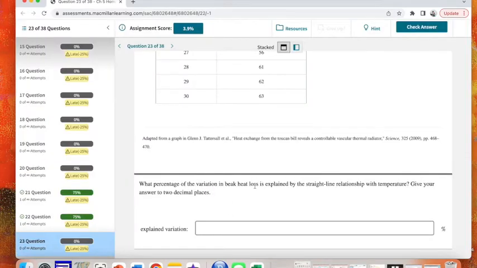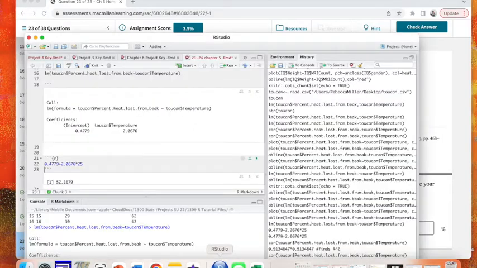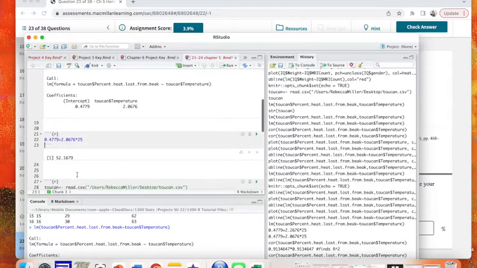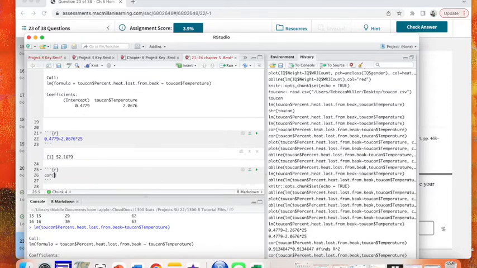So, what percent of variation in beak loss is explained by the straight line relationship with temperature? We need to give our answer to at least 2 decimal places. Well, the percent variation, that's going to be our R squared. So I need to find the correlation. So let's go ahead and find the correlation. So that's going to be cor of toucan percent heat loss from beak, comma, toucan temperature.